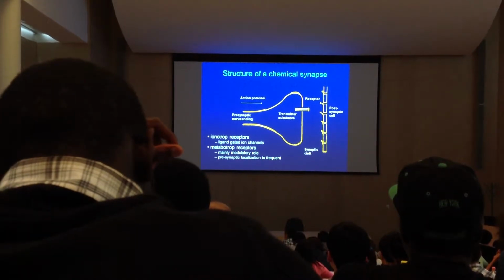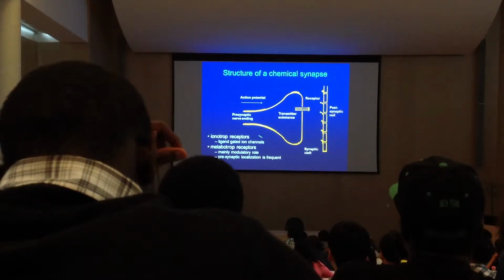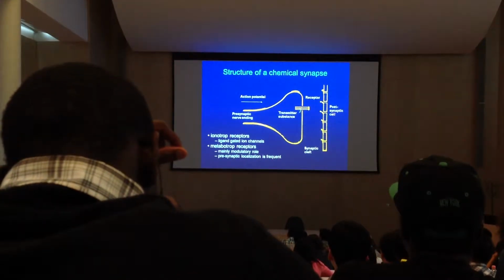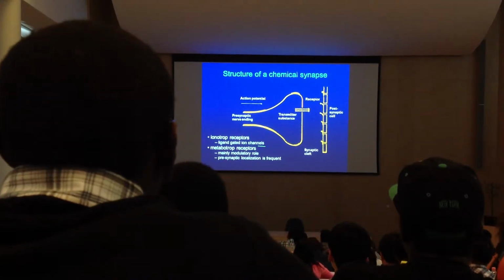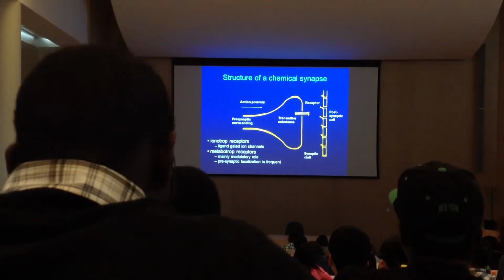Okay? These receptors are ionotropic, ligand-gated ion channels, gated by this particular ligand. This is how the information goes from one cell to the next.